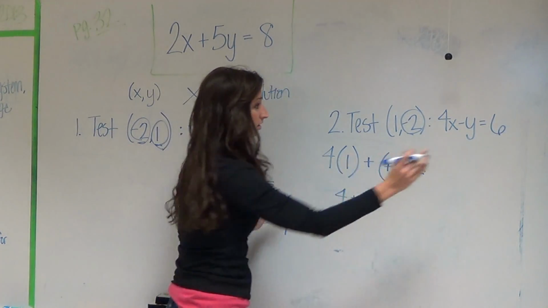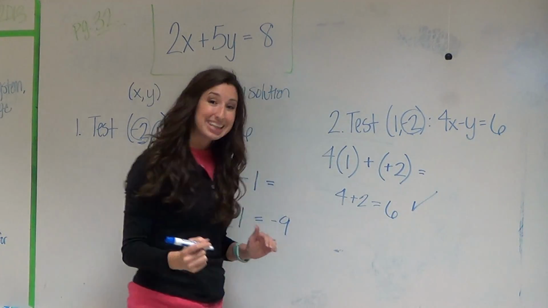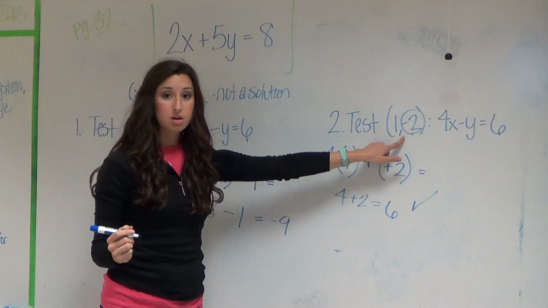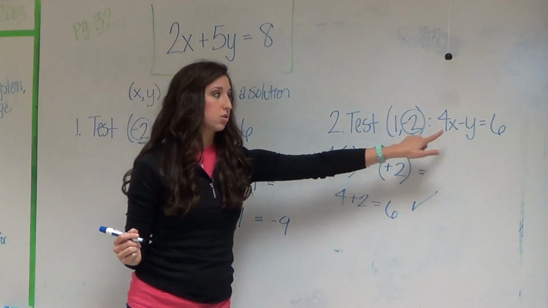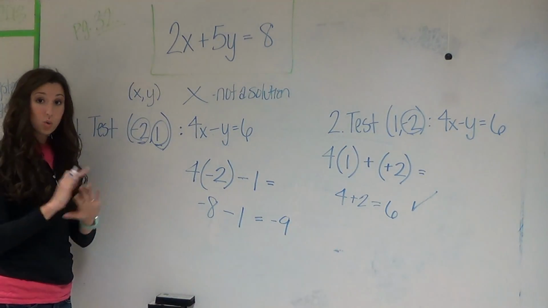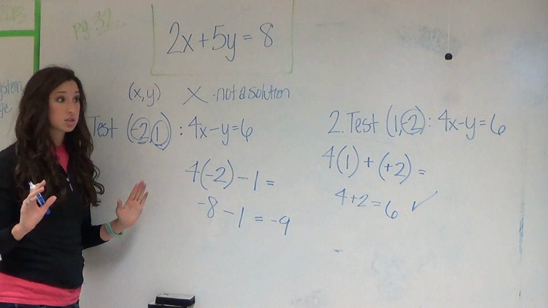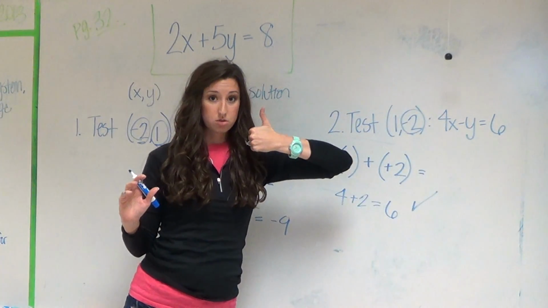Did I get 6? Yes. It is a solution. So we discovered this point, 1, -2, is a solution for this equation, whereas -2, 1 was not.